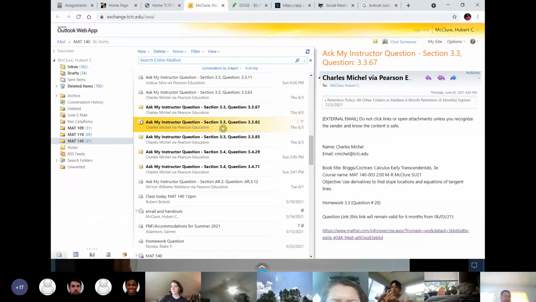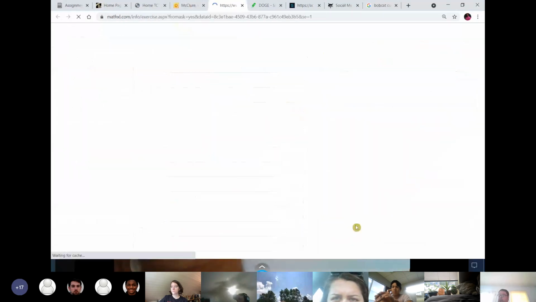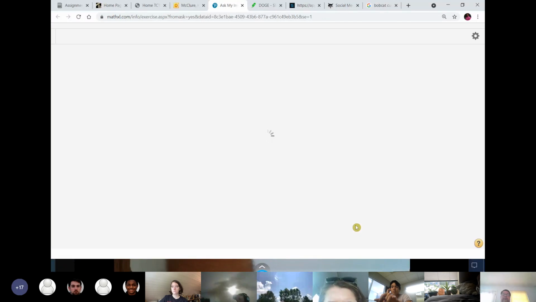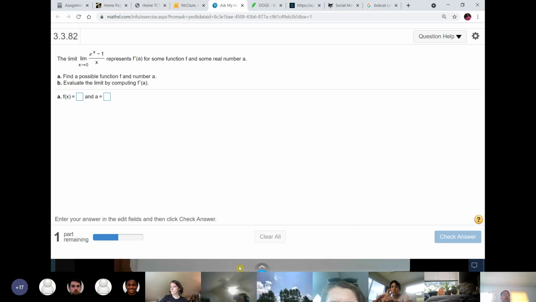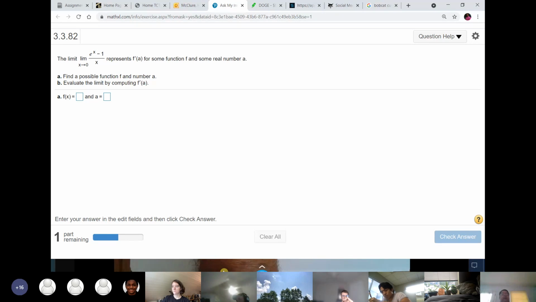3.3, 82, 24. The limit as x goes to 0 of (e to the x minus 1) over x represents f prime of a for some function f and some real number a.